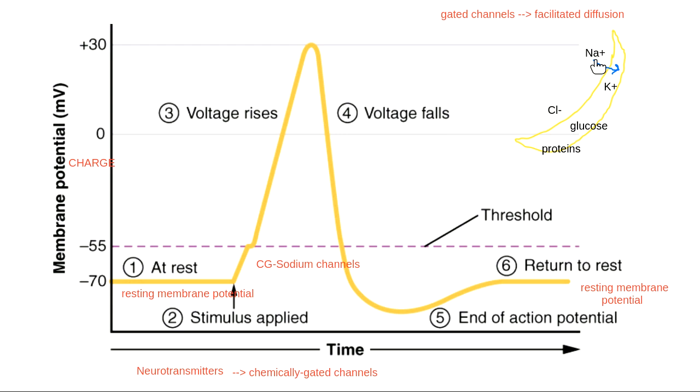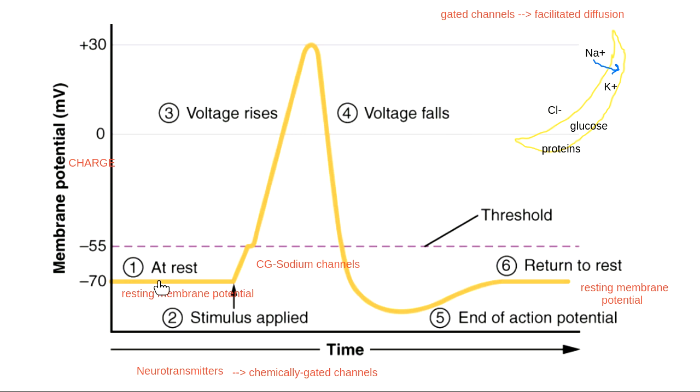When I open up a chemically gated sodium channel, I'm making it possible for things with a positive charge to come into my cell. So see how we started at -70. Remember, that was one of those numbers we had to know. -70, resting membrane potential.